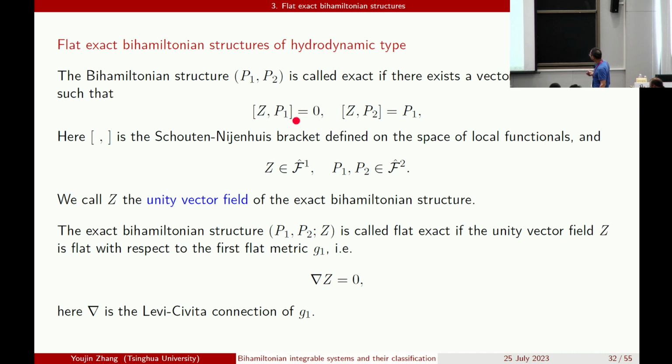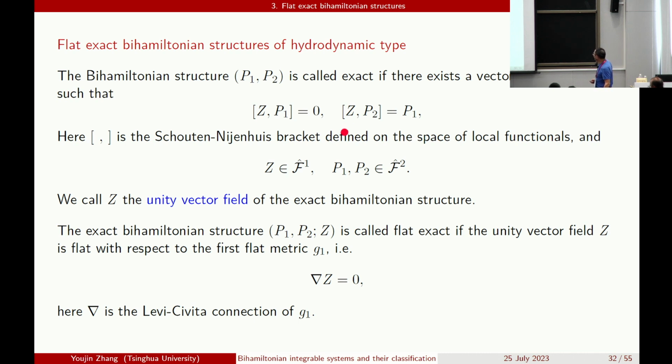Okay, so also you can view it as the Lie derivative of P1 along this C equals 0, and the Lie derivative of P2 along C equals P1. So this we call the exactness of this bihamiltonian structure.